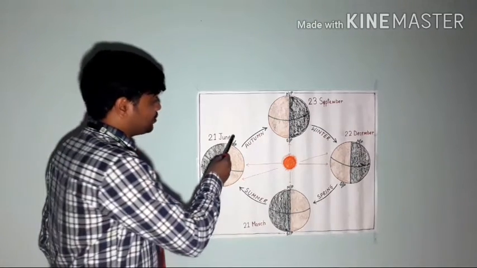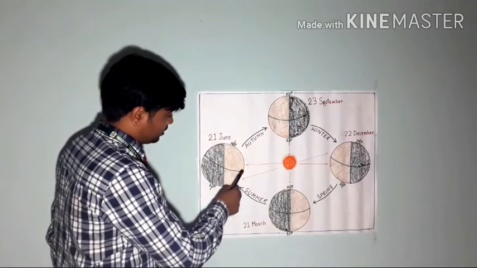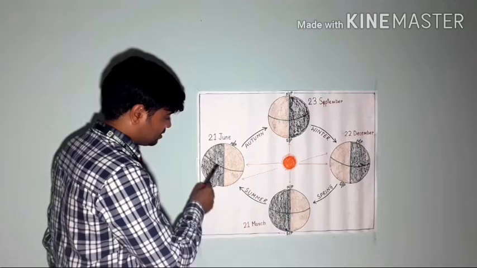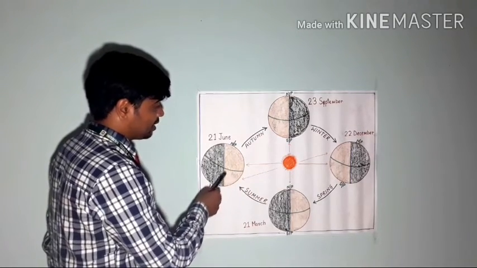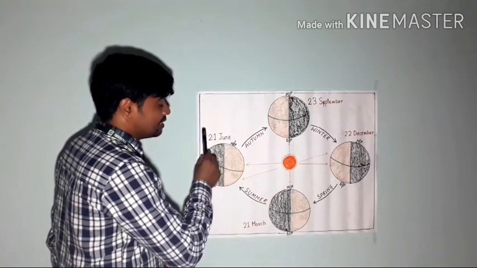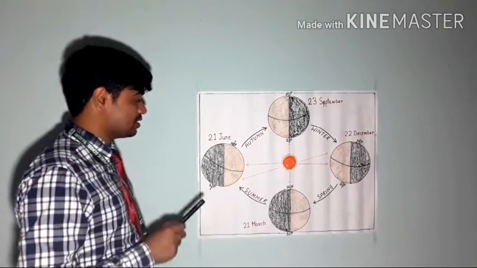So on 21st of June, the northern hemisphere is closer to the sun and the southern hemisphere is away from the sun, and during this time the North Pole gets sunlight and the South Pole is away from the sun.